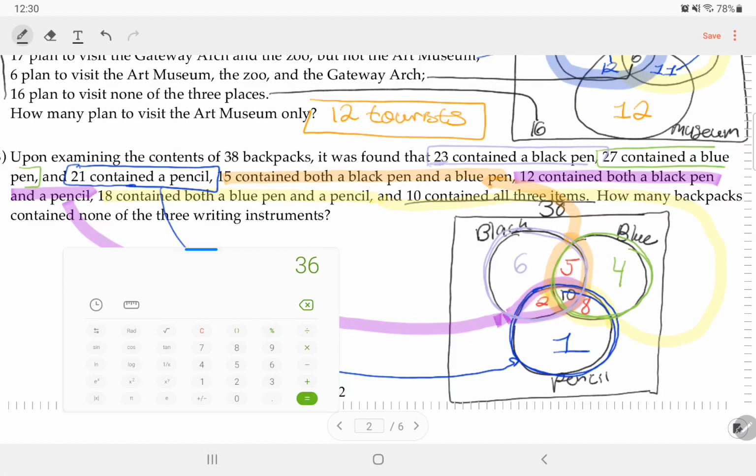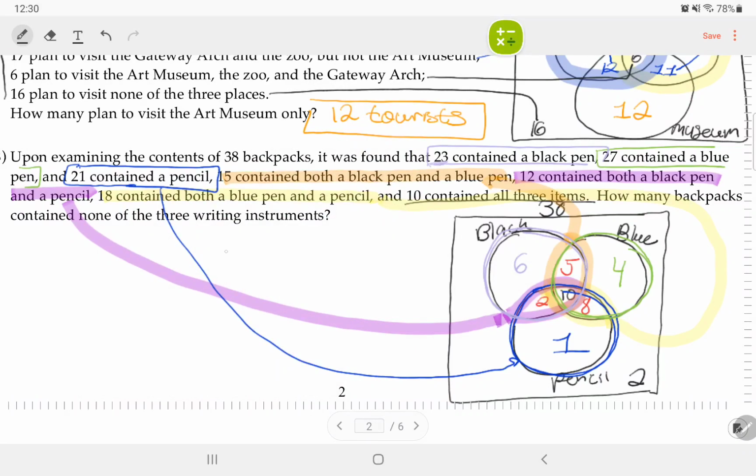And that's going to give us 36. There are 38 backpacks being examined in total. So 38 minus 36 is going to be 2. And that goes on the outside. And in this case, that is the answer. How many backpacks contain none of the three writing instruments? 2 backpacks.